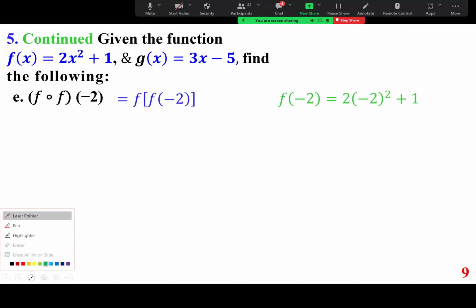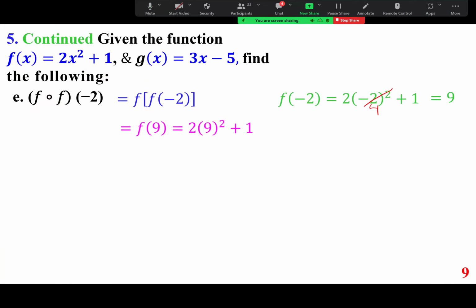This is 4 times 2, 8 plus 1 is 9. So we want f of 9. Nine squared is 81 times 2 plus 1 is 163.